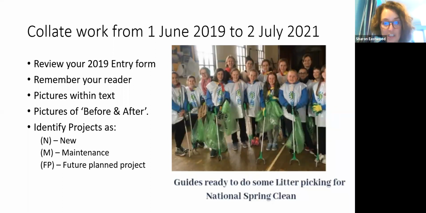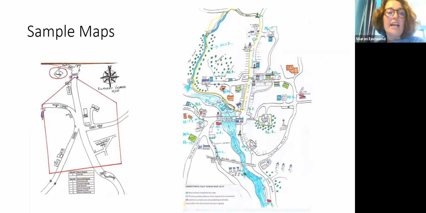Are they new projects from 2019 to 2021? Are they projects that you completed prior to 2019 but you're maintaining them? Or are they projects that you are planning? Be aware of that in all your submissions and all your different adjudication categories.